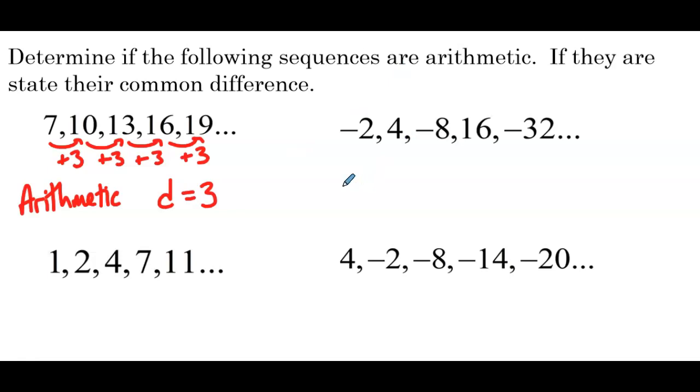Our next example, -2, 4, -8, 16, -32, continuing on. So there it looks to go from one term to the next by multiplying by -2. What I should notice right away is that it is not an arithmetic sequence.